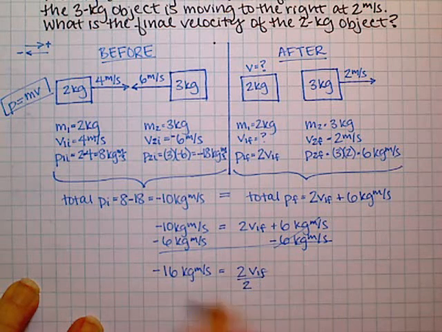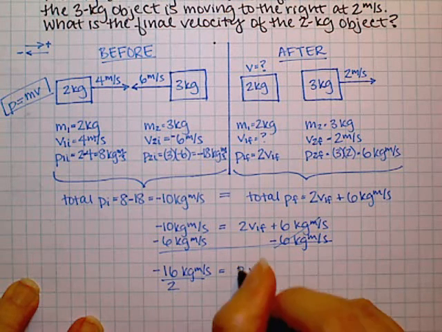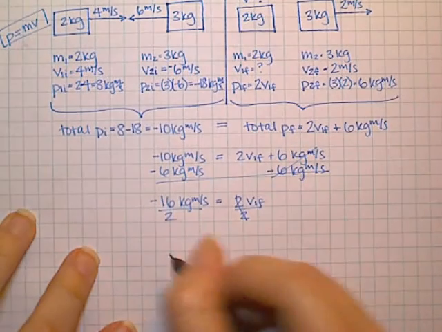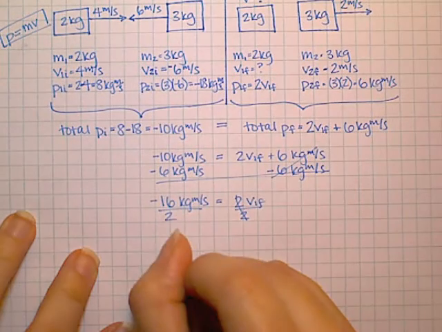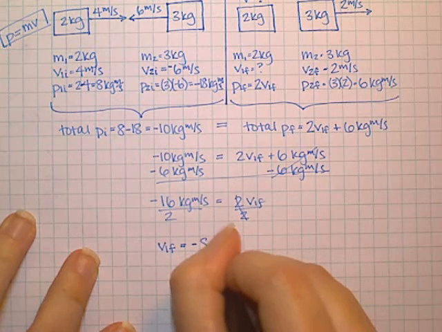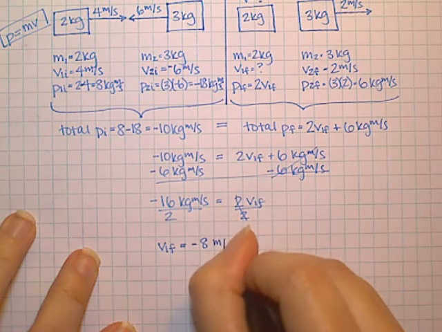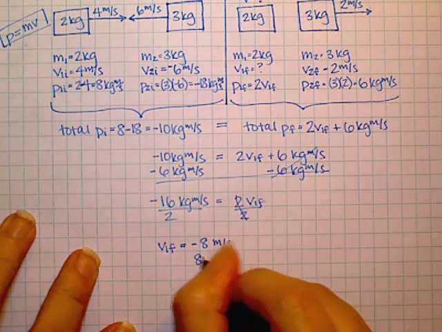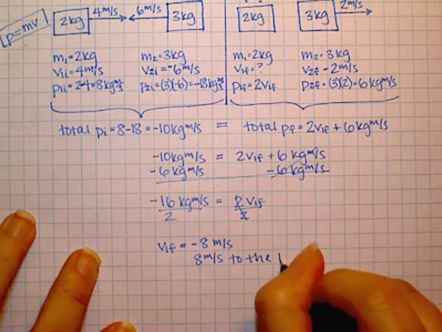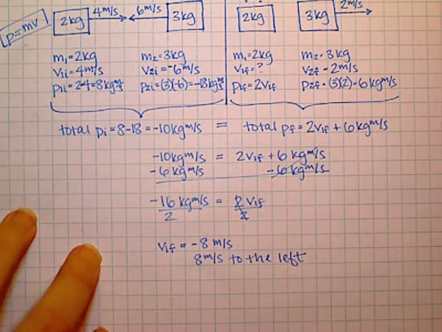Divide both sides of the equation by 2. And then I'm left with a final velocity for my first object of negative 8 meters per second, or in other words, 8 meters per second to the left. And that's it.